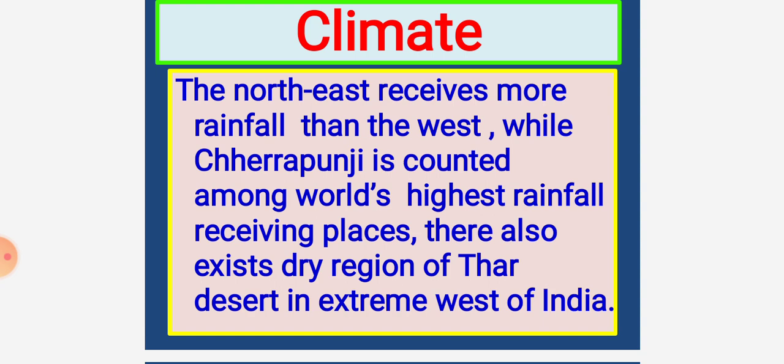So much diversity, so many differences. In the northeast we have Cherrapunji, which receives the highest rainfall, and on the other hand, in the extreme west of India, we have Thar Desert.